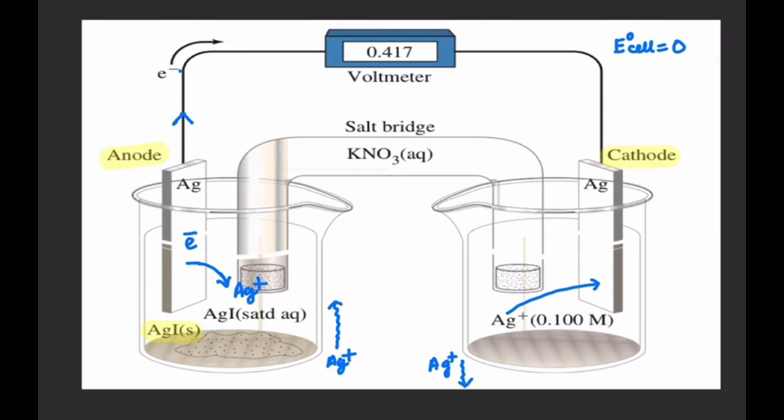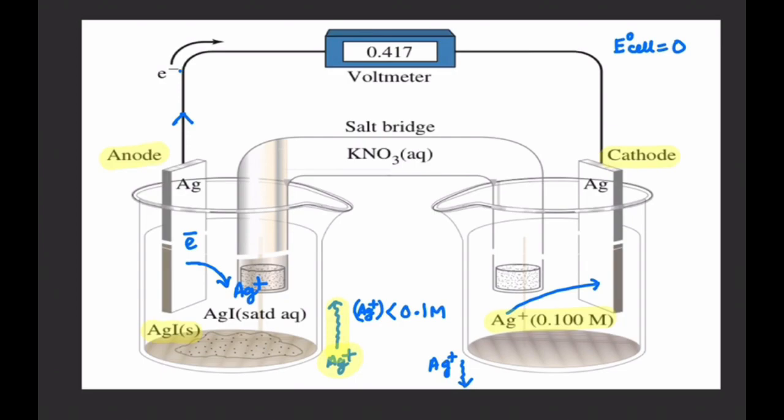So here if I compare what is the concentration of Ag plus initially in the anodic compartment, since in the cathodic compartment the concentration is 0.1 molar and it is decreasing, and the concentration of Ag plus in anodic compartment is increasing, we can say that initially the concentration of Ag plus ion in anodic compartment should be less than 0.1 molar, and it seems to be correct because it is produced by AgI.